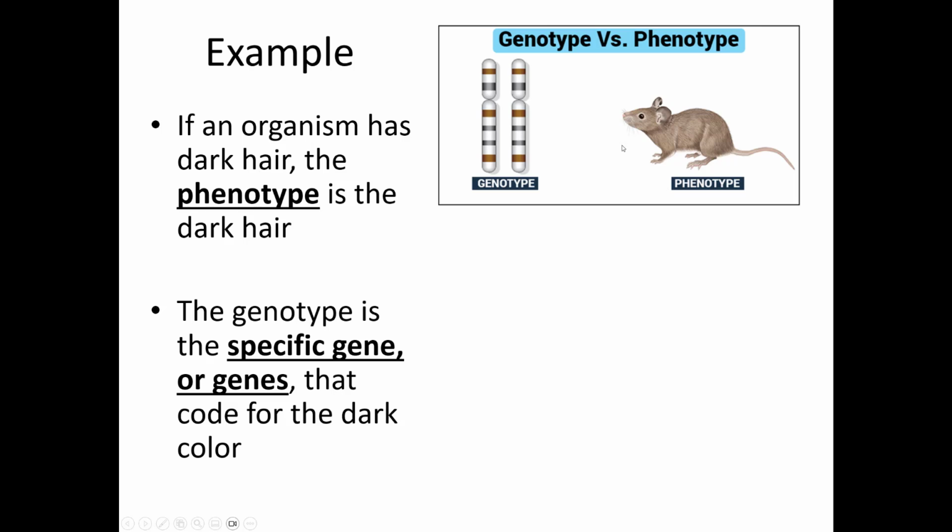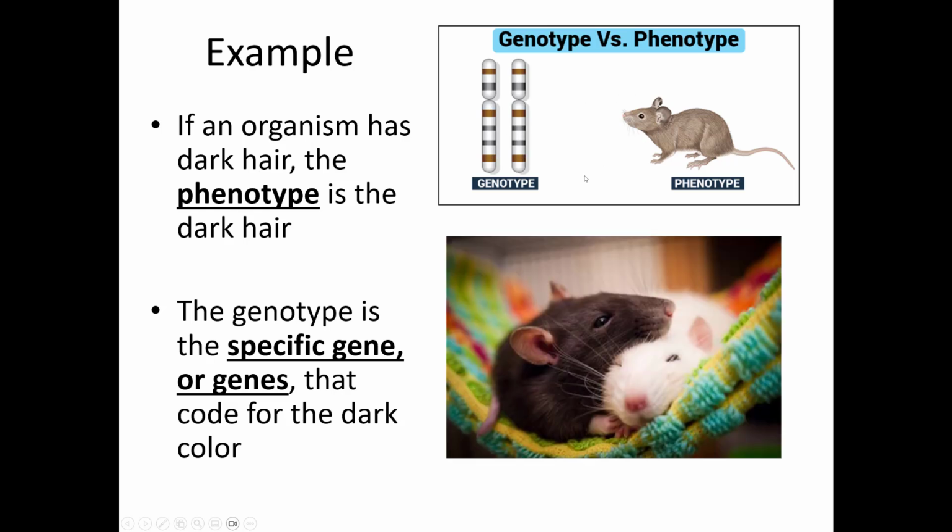So we would describe the phenotype in terms of the hair color, but we would describe the genotype in terms of the genetic information that makes the dark hair ultimately manifest. In these terms, we can describe differences both at the visible level and at the genetic level.